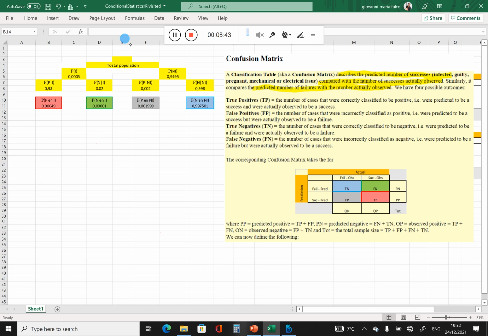Okay, and we consider failure basically when somebody is not infected, when somebody has no condition, when the condition is not detected.